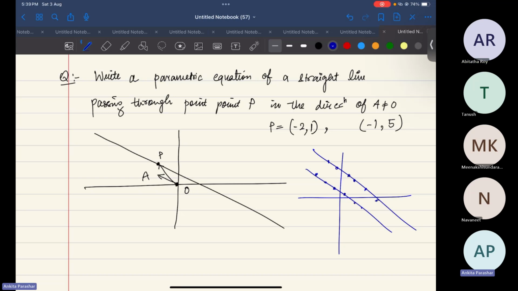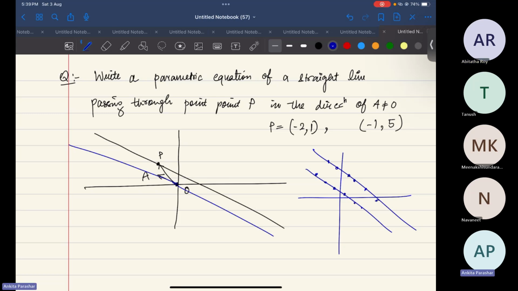It has to be a certain scalar, right? Yes. So here also, these two lines are parallel, right? Because we are fixing one vector and then drawing another line parallel to it whose point is P, but the direction is the same. Direction means they have to be parallel, right?